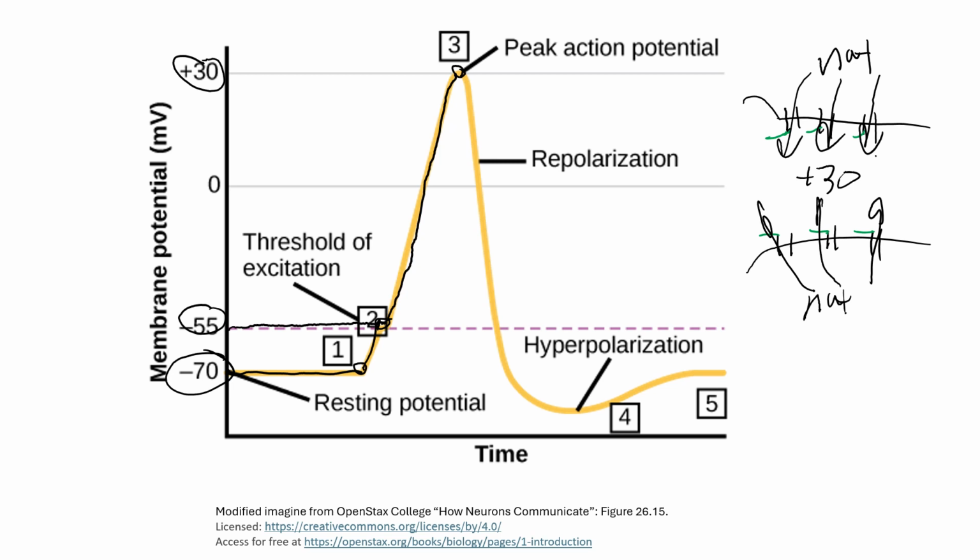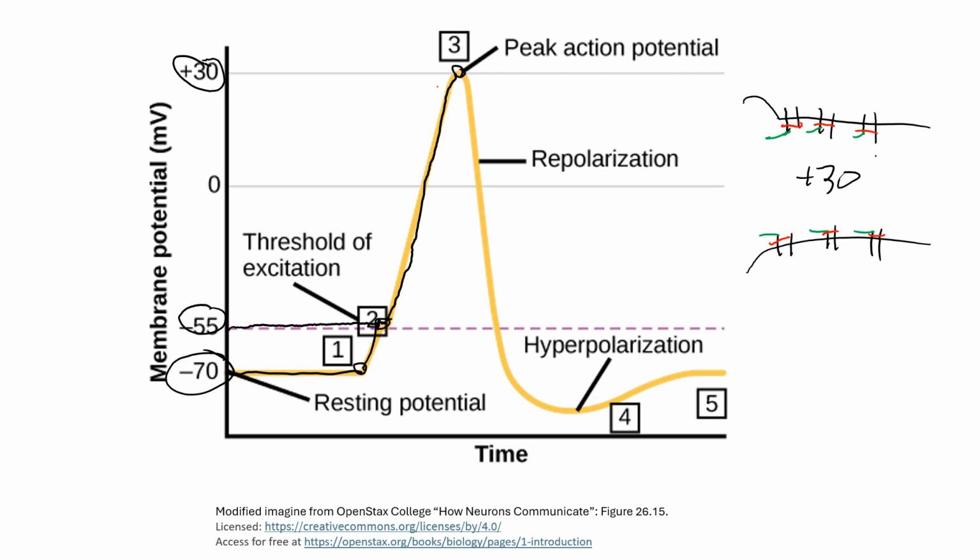And at positive 30 millivolts, two other important things are about to happen. First of all, the voltage-gated sodium channels inactivation gates, which I'm showing in red here, close. So the inactivation gates on the voltage-gated sodium channels shut, and that prevents any more sodium from being able to enter. That's part of the reason why we get stuck at positive 30 millivolts.